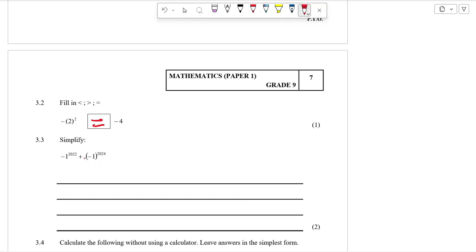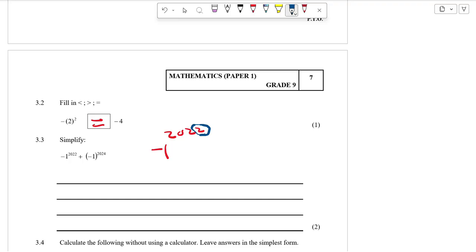They say simplify. Okay, so what are we going to do? -1 to the power of 2020. Because the power is an even number, it means it will come out positive.